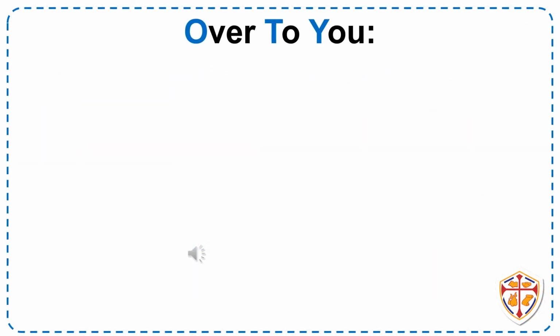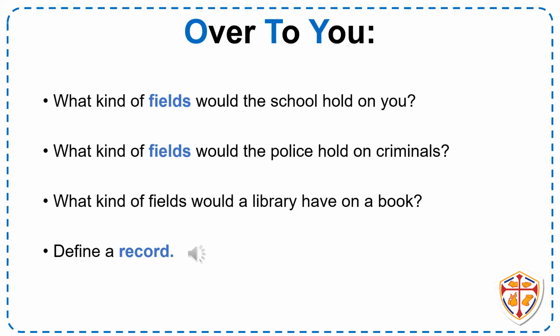Now it's over to you to answer key questions. You may wish to pause this video while you answer the questions. What kind of fields would the school hold on you? What kind of fields would the police hold on criminals? What kind of fields would a database hold for a library?